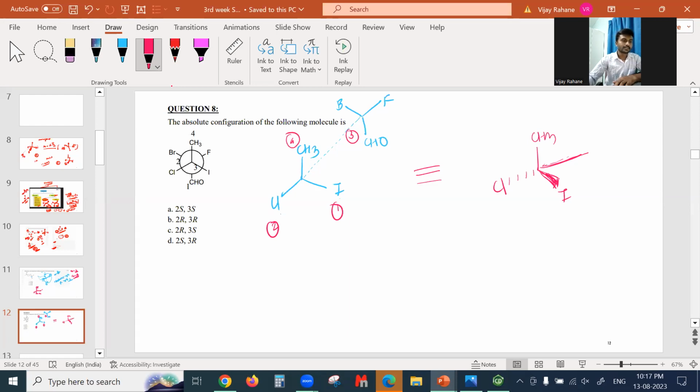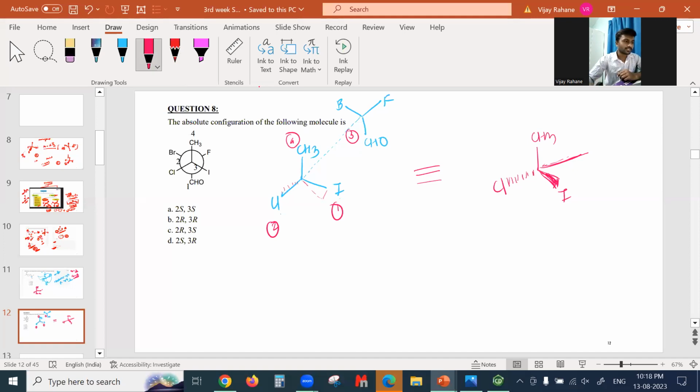See here, what is the structure, how you can see it. In this, I will assign this as front, right? And this will be the back side. And these bonds are in the plane. I will move the molecule in this fashion.